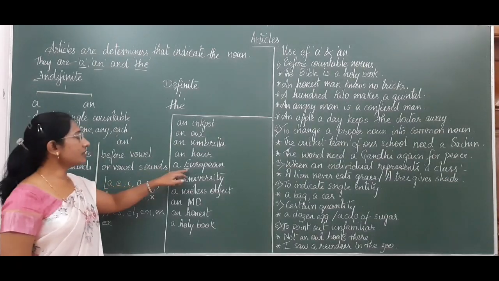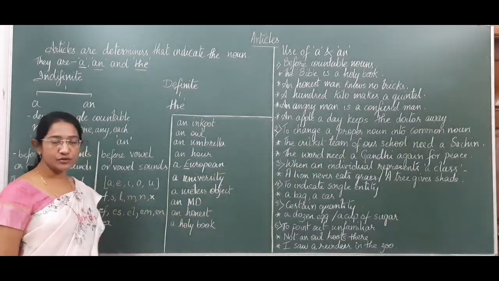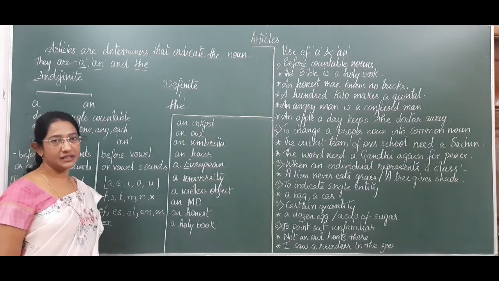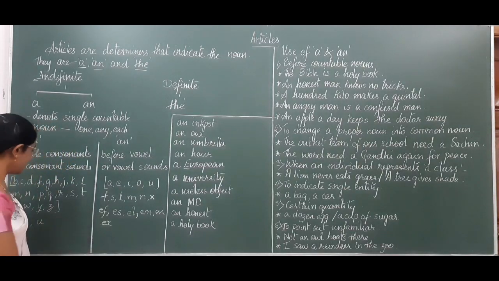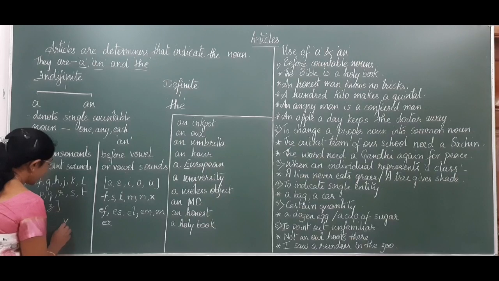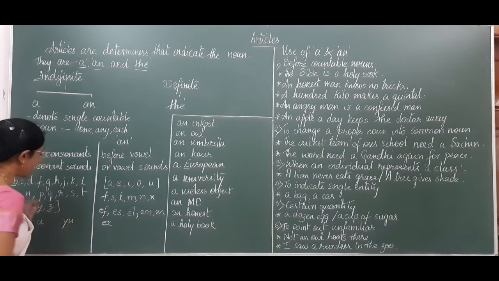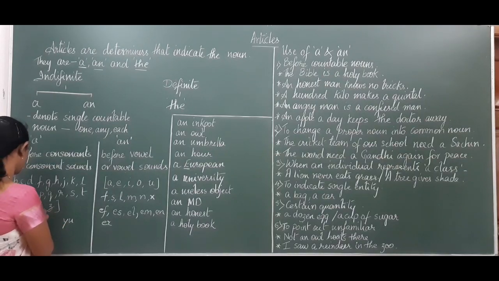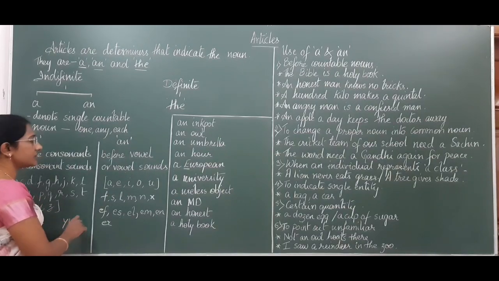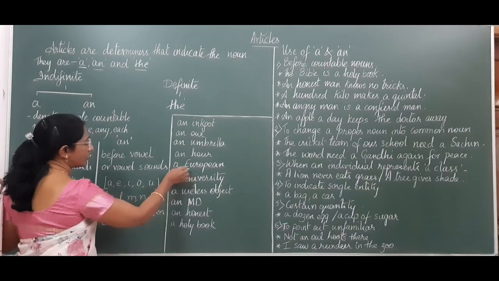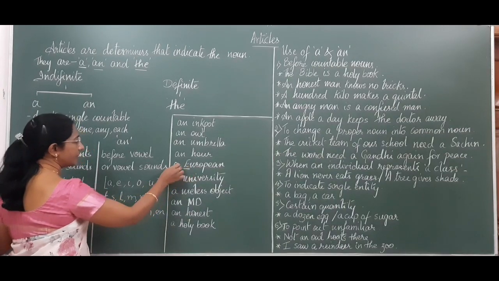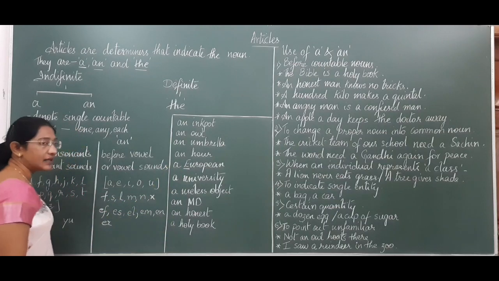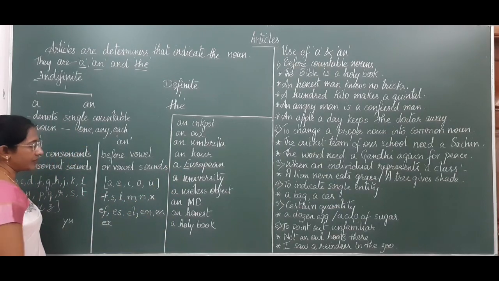Here, the word European is producing a consonant sound. E is producing the sound of Y, U, European. Because it produces the sound of Y, which is a consonant, we use the indefinite article A.